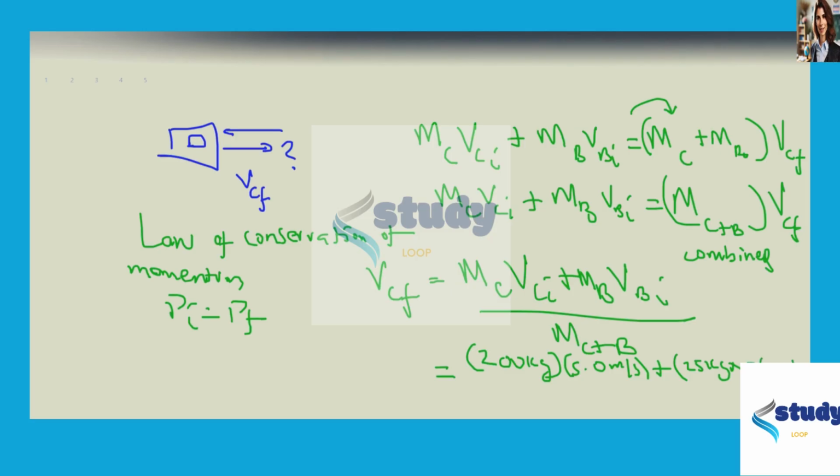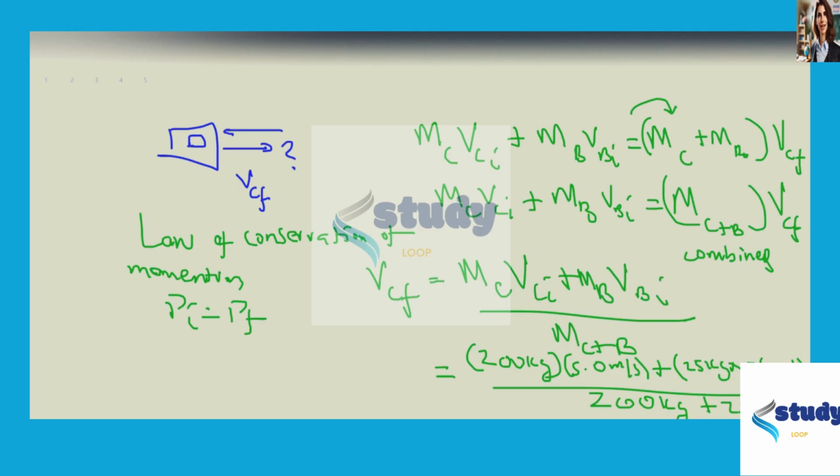Remember, it's going opposite. And then we want to divide all of that by the combined mass, 200 kilograms plus 25 kilograms. So that's what's going on in this problem.